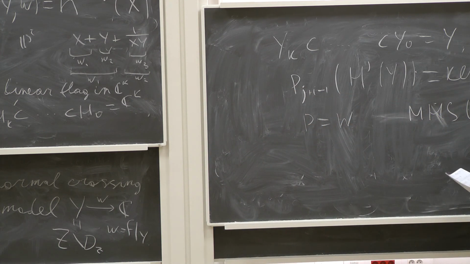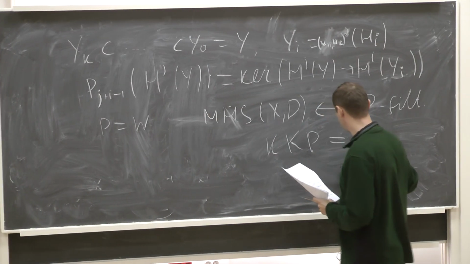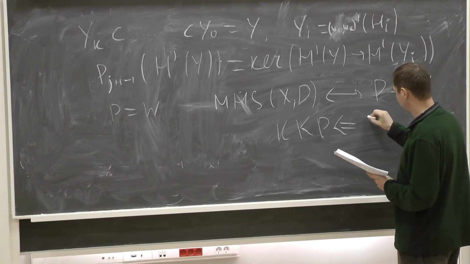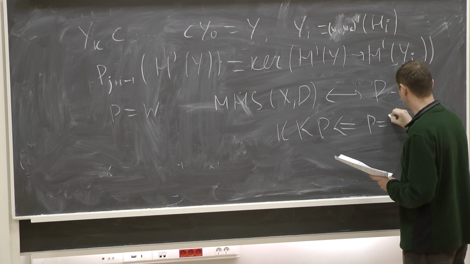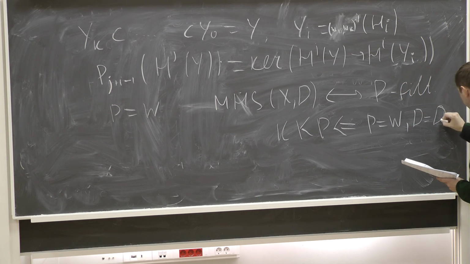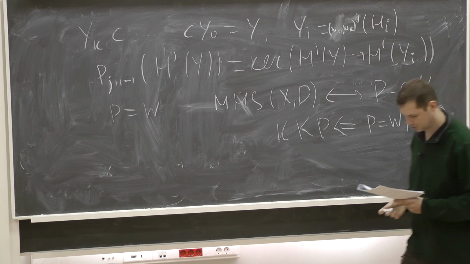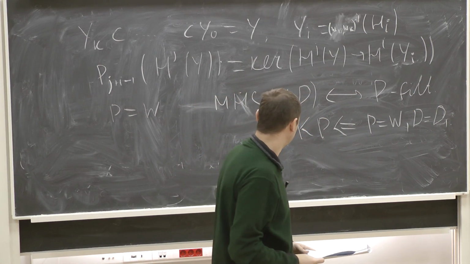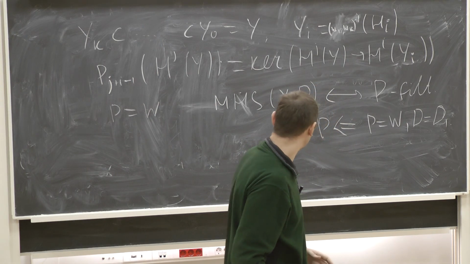So roughly speaking, KKP follows in a good situation from P equals W, with D equal to D1, just one smooth divisor. Okay.